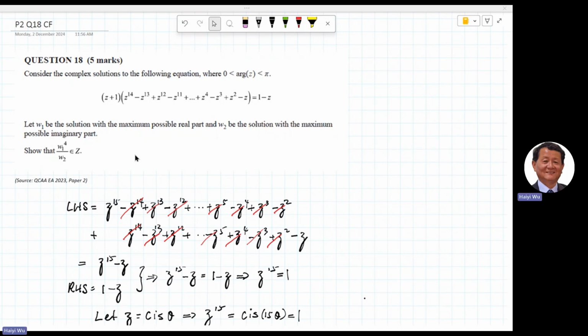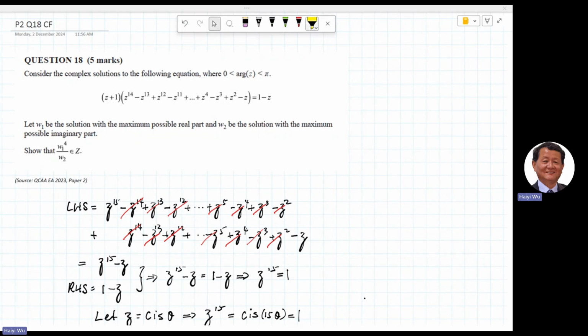We know the argument is theta, the angle, when you convert from Cartesian form to the cis form, which uses the angle. So now we're going to solve this particular question.